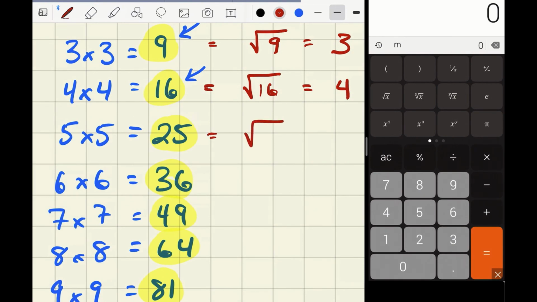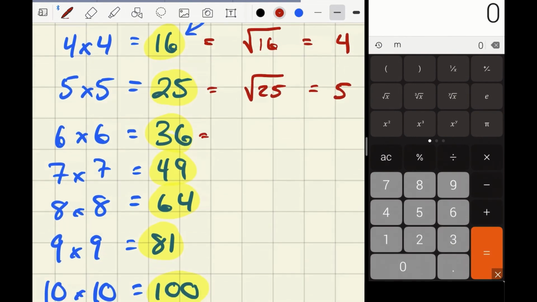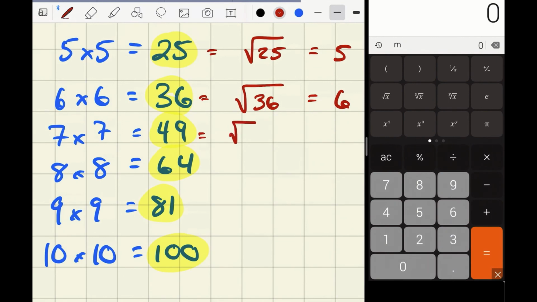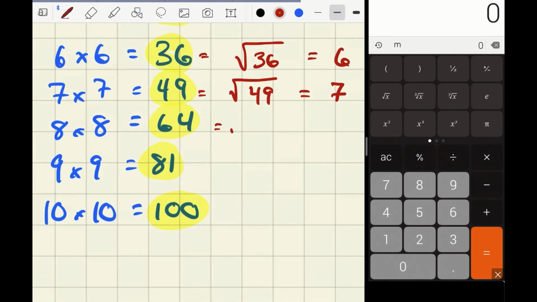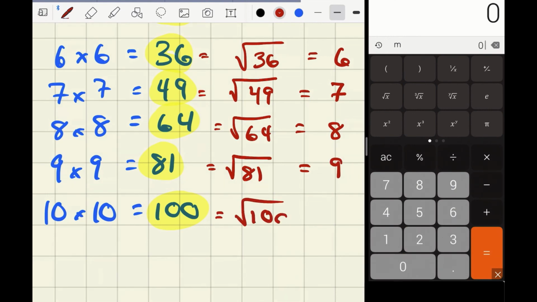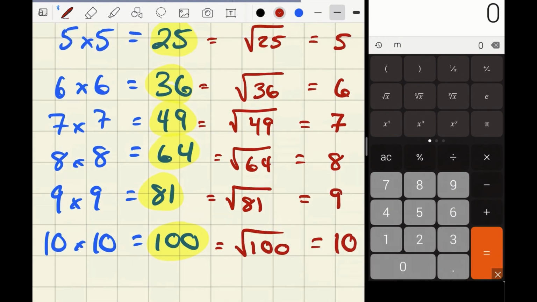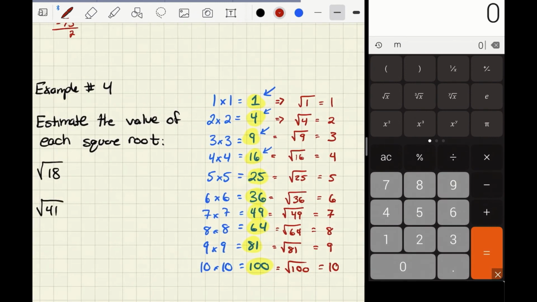The square root of 25 equals 5. The square root of 36 equals 6. The square root of 49 equals 7. The square root of 64 equals 8. The square root of 81 equals 9. And the square root of 100 equals 10. So, we kind of just worked it backwards.